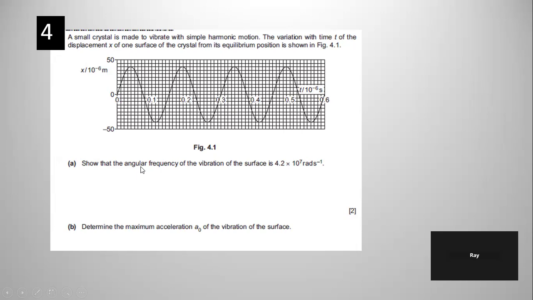Show that the angular frequency of the variation of the surface is 4.2 times 10 to the power radians per second. They are given x and time. If we cannot see, just draw a line as the origin, the time axis. This is what is given in the formula sheet.